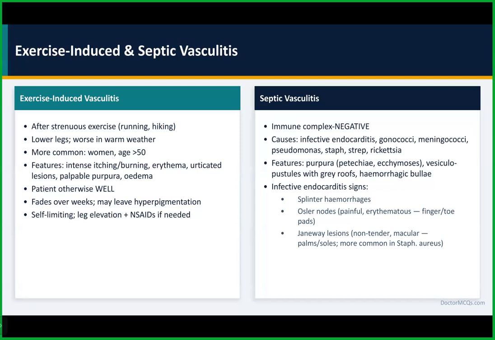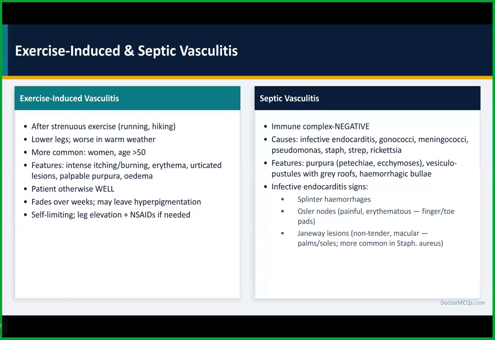In septic vasculitis, as the name suggests, the immune complex will be negative. In most vasculitis there could be immune complex positivity, but when there is septic vasculitis, it's definitely not immune complex. It can be infective endocarditis, gonococci, meningococci, or some other infective organisms. Features will always be like petechiae, ecchymosis, mostly purpura, and hemorrhagic bulla could be there also.